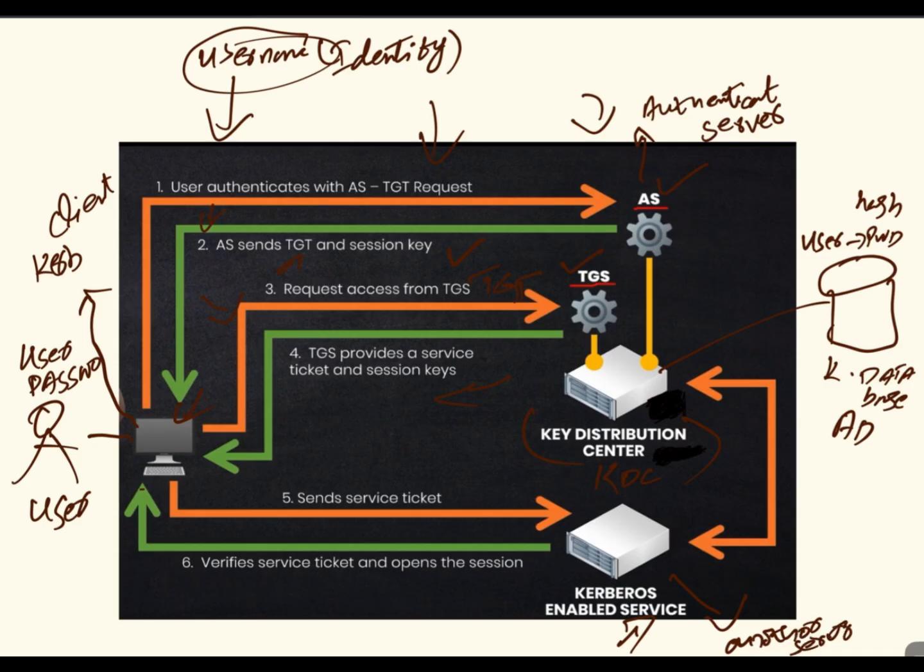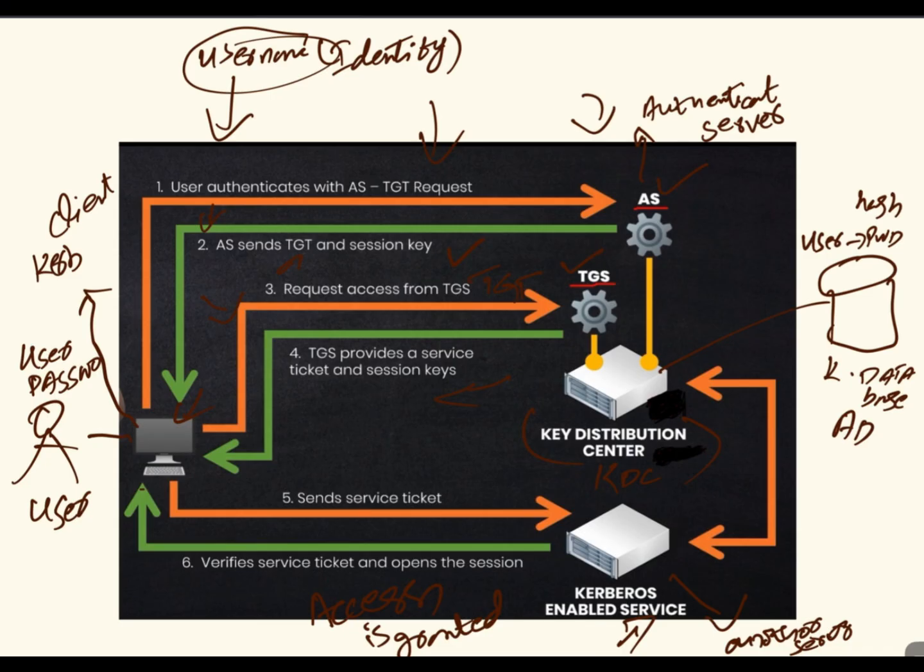So the client sends the service ticket and authenticator. The service decrypts that ticket, verifies identity, opens a secure session, and access is granted. So this is the whole workflow which we need to understand for the CISSP exam.